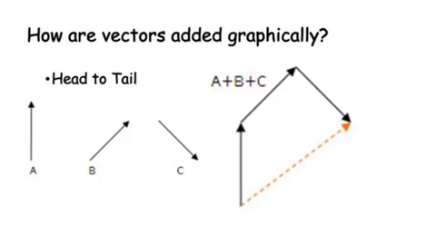So graphically, vectors are added head to tail. If you had these two right here and wanted to add them up, here's your first one, B, and then you would put your second one on like this. So you want them head to tail.